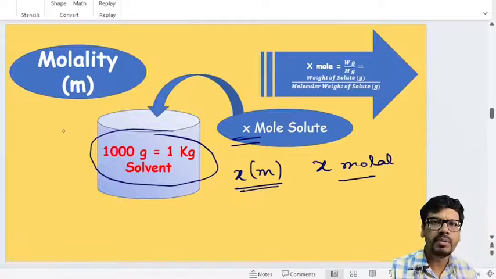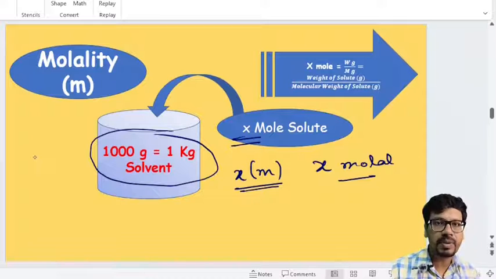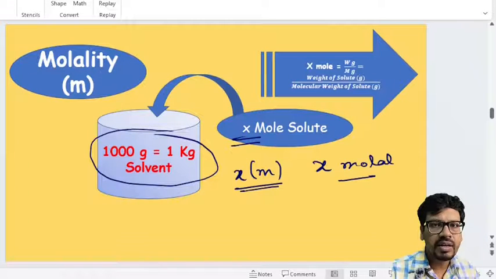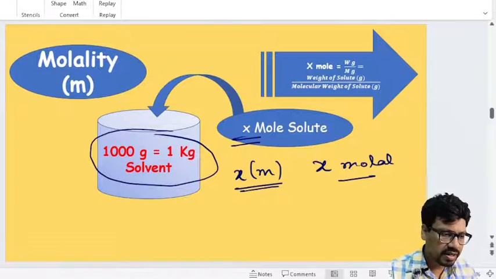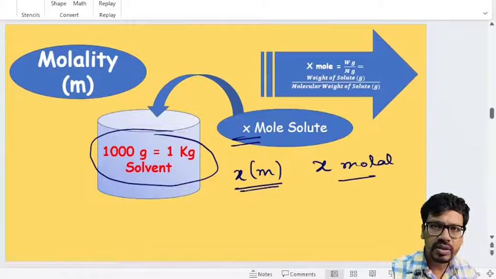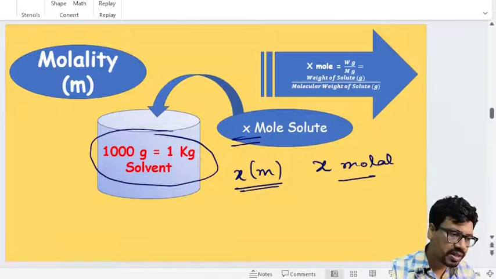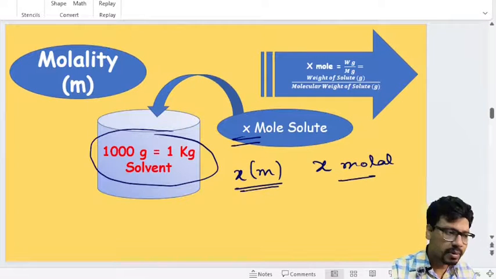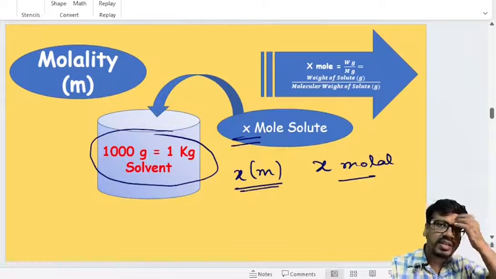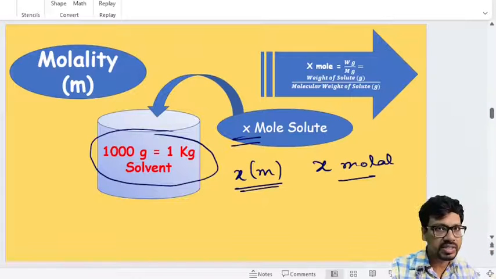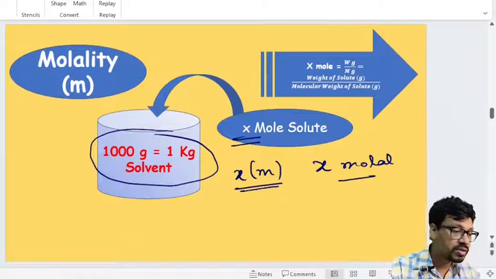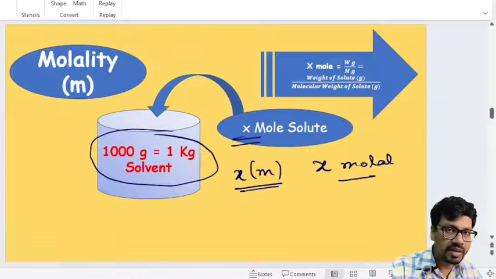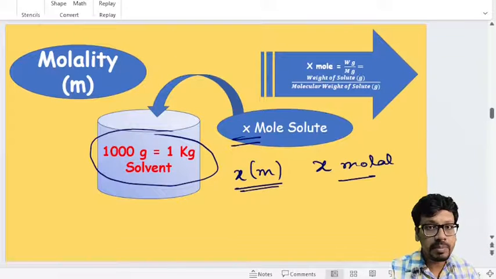What is the molality? Molality is independent of temperature, because the solvent is also in the mass. The solute is also represented in mole, that means mass. Clear? Mass is independent of temperature. So molality is a temperature independent concentration term. But the previous one, molarity, is temperature dependent.